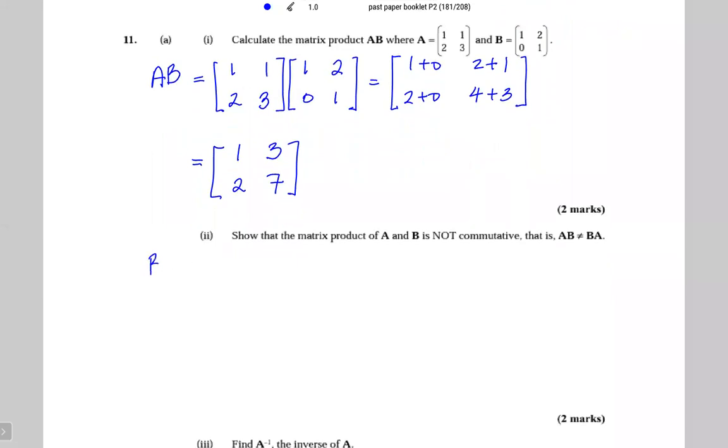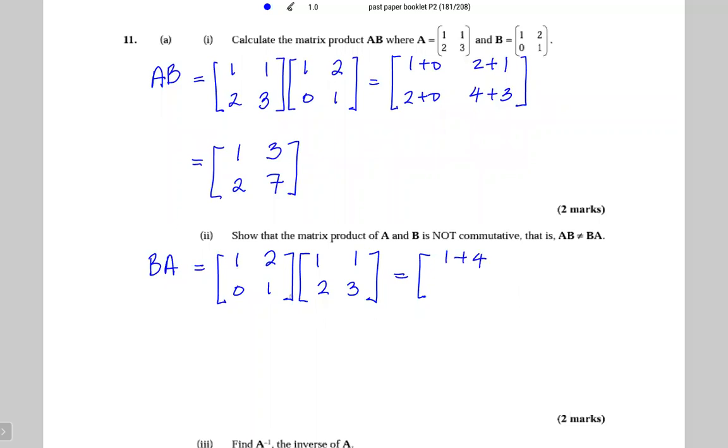Now, BA: 1, 2, 0, 1, times 1, 1, 2, 3. Top row left column, 1 times 2 is 2, 1 times 1 is 1, 2 times 2 is 4.